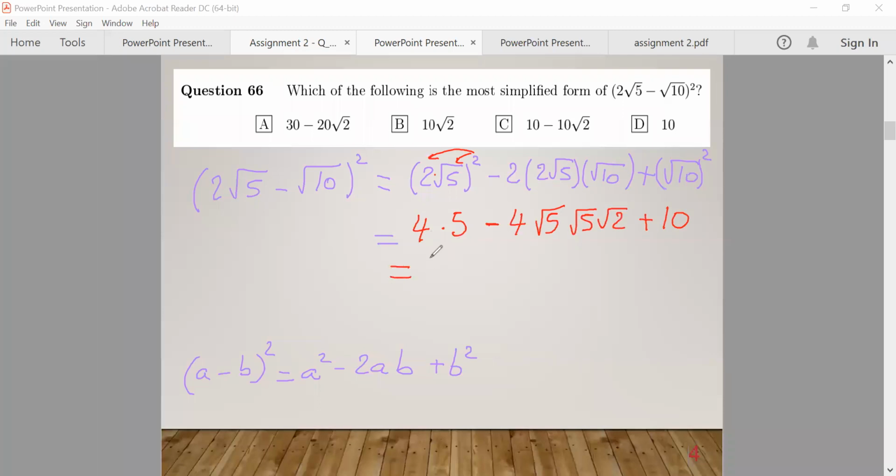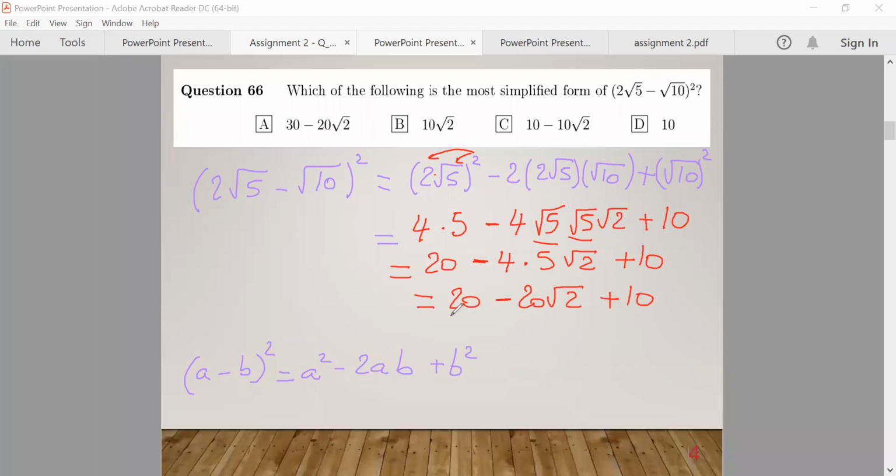So we get 20 minus 4 times square root 5 times square root 5, which is 5, times square root 2, plus 10. We simplify more: 20 minus, 4 times 5 is 20, square root 2, plus 10.